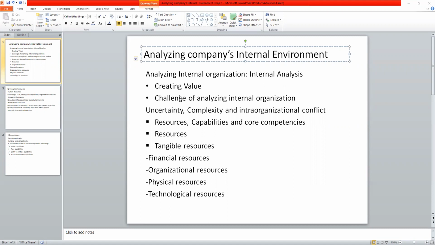And this increases the complexity, and hence the need arises to go for internal assessment of the organization. Now, intra-organizational conflicts surface when decisions are made about the core competencies or how well they serve the purpose.